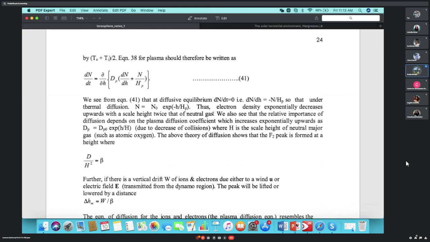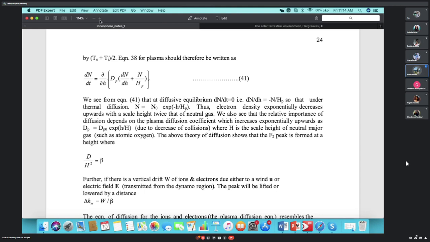For the neutral gas, say O, O is maximum around 300 kilometer, and it becomes negligible at a height of 900 kilometer. But your electron density will be reduced from 300 to 900, 600 kilometer, but twice as fast.